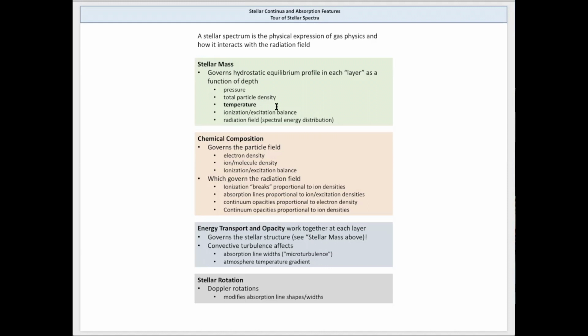Well, does every hydrogen atom just sit around neutral, or are some of them ionized? Does every hydrogen atom sit around with its electron in the N equals 2 excitation state, or are some of them in 3, some of them in 1? Are you going to get an H alpha absorption if a photon comes up to a hydrogen and its electron is in N equals 3?